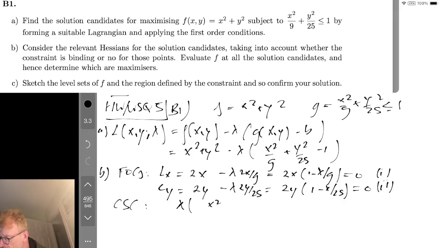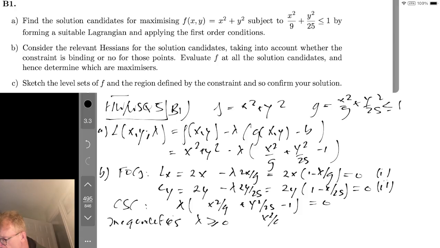So this is x squared over 9 plus y squared over 25 minus 1 is 0. And then we have the inequalities. So what are the inequalities? We know that lambda needs to be bigger or equal than 0, and this one needs to be just the imposed inequality constraint.